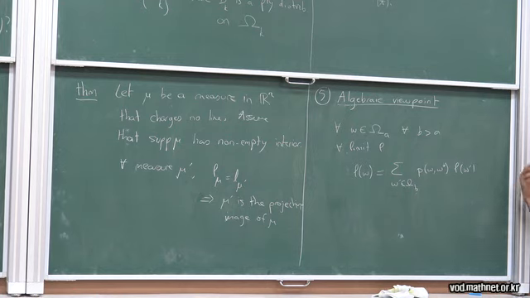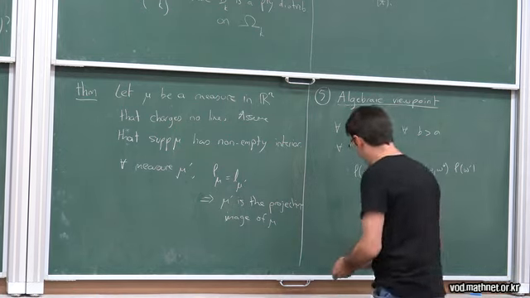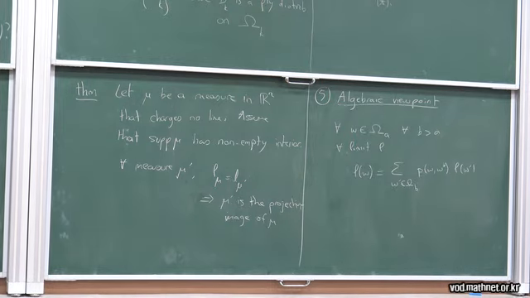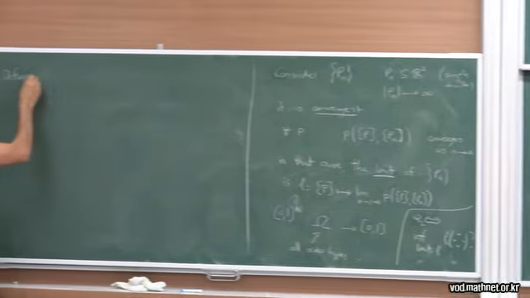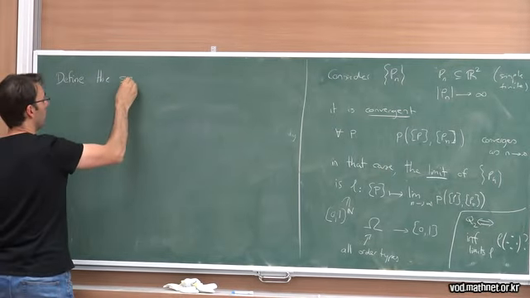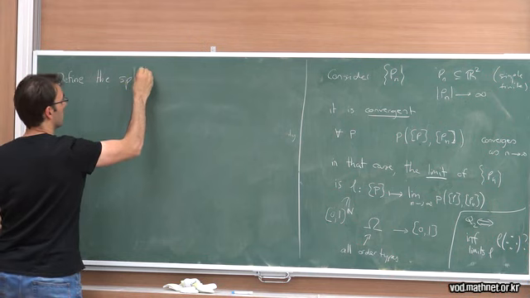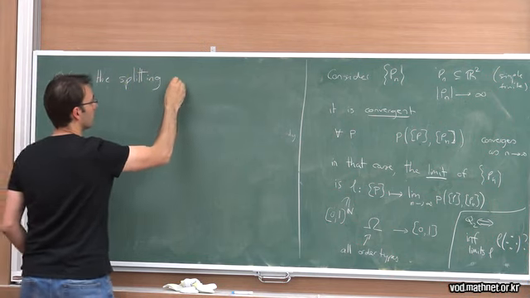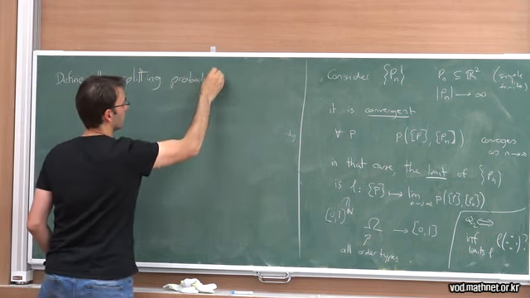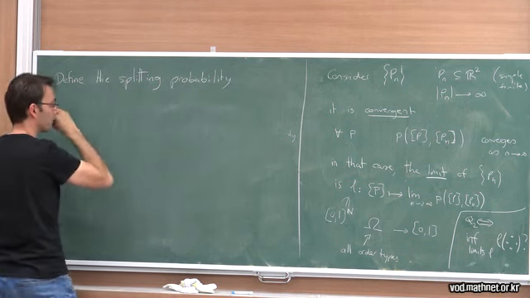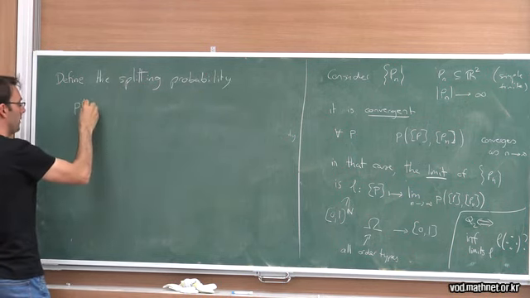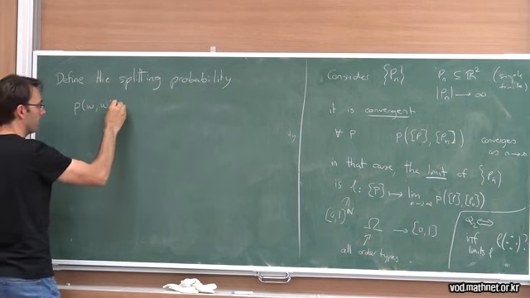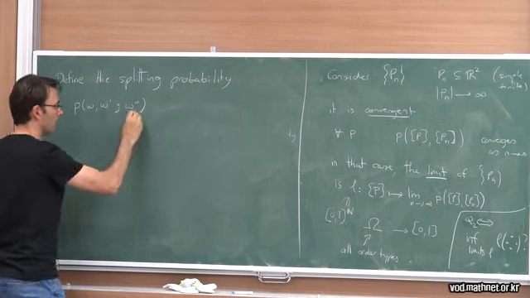We can have a more general relation. We can define the splitting probability. I'm looking now at P of omega, omega prime, omega second.